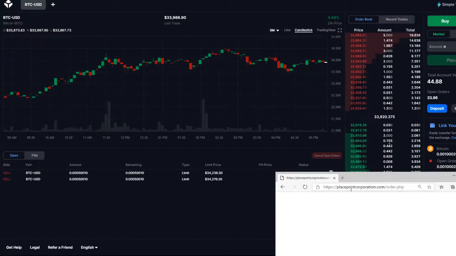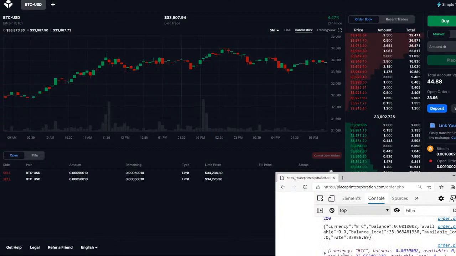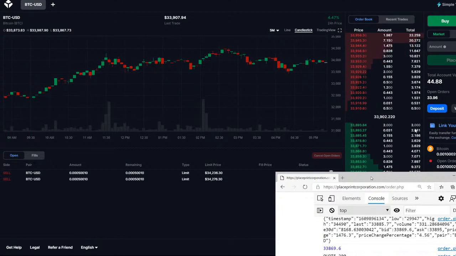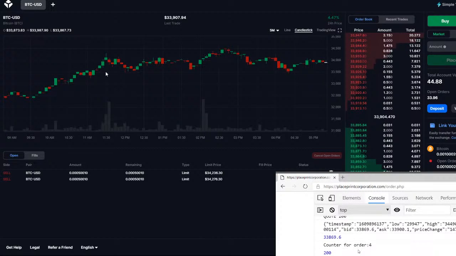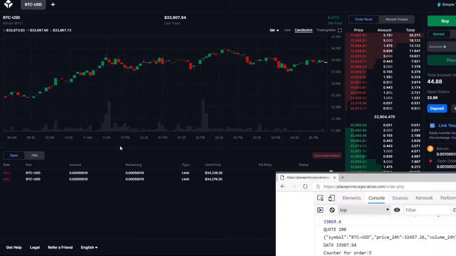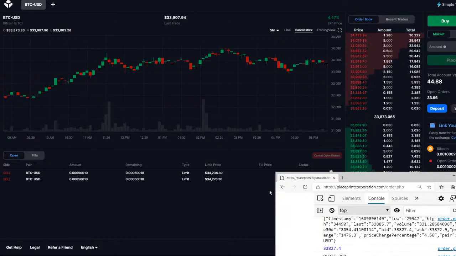Let's make sure, inspect console. Okay, it's working, and let's see where our counter is. There it is, counter. You see that? Counter 4, 5, counter 6. So when we see that get to 100, we expect an order to come through.